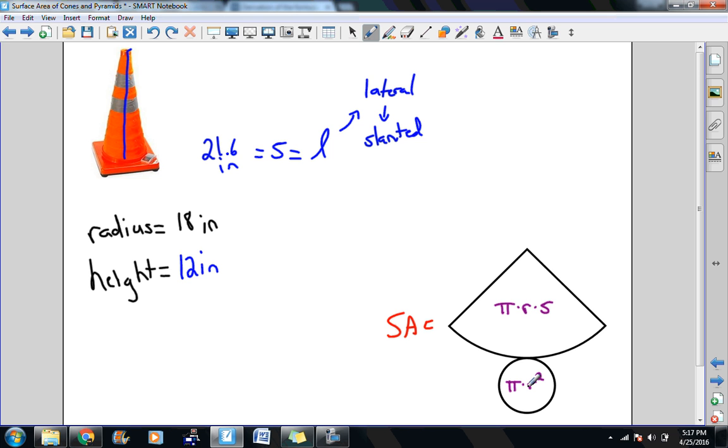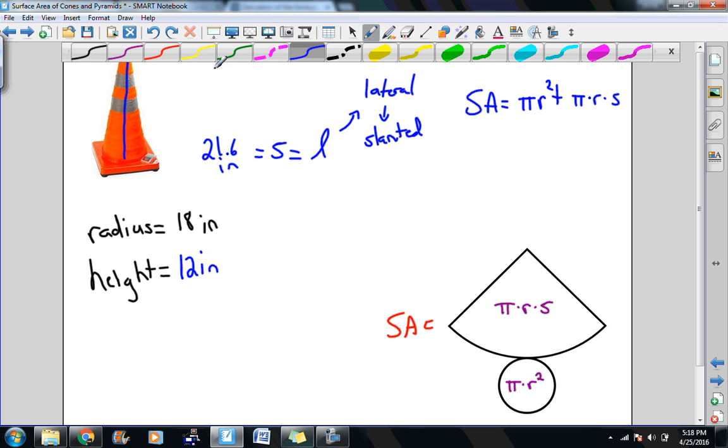So if you are at this point and you're a little confused, which is okay, the surface area of a cone is going to be this formula, pi times radius squared plus pi times radius times the slanted height. And this is one of the few times that I am okay giving you a formula for surface area.